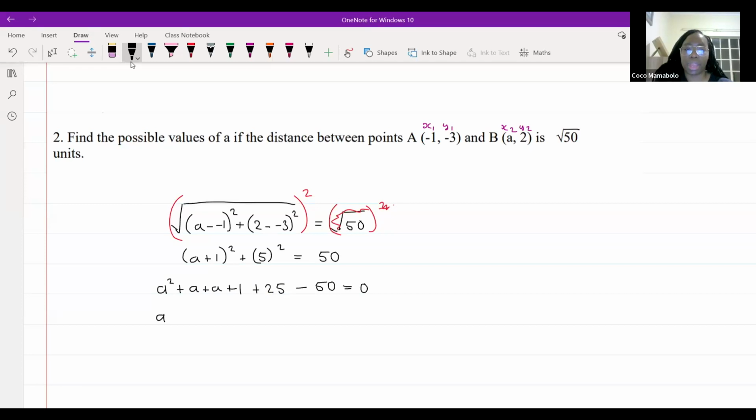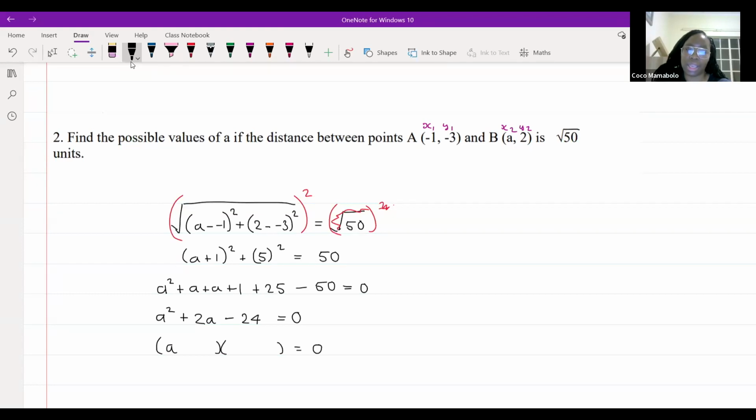I'm going to end up with a squared plus 2a, and then 1 plus 25, that's 26, minus 50 will give us -24 is equal to 0. So open 2 brackets is equal to 0.